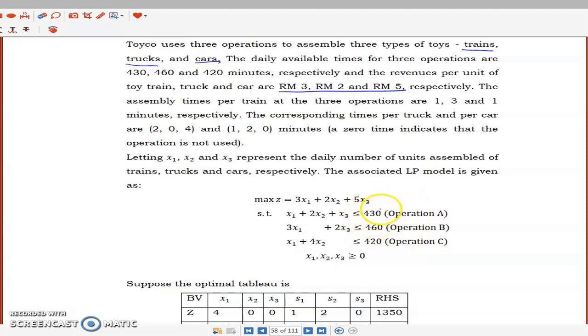The right hand side of the constraint shows the availability times of each operation.